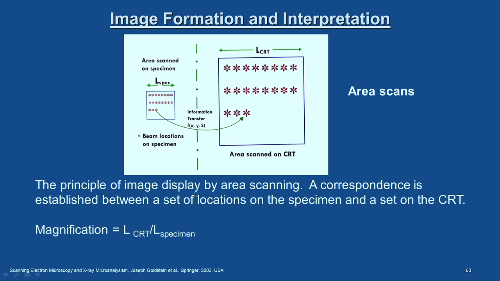The principle of image display by area scanning is shown here. Basically, a correspondence is established between a set of locations on the specimen and a set on the CRT. As we all recollect, the magnification in SEM is the linear dimension L CRT divided by L specimen.